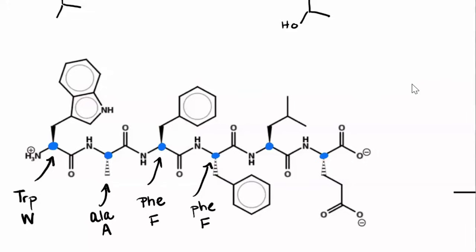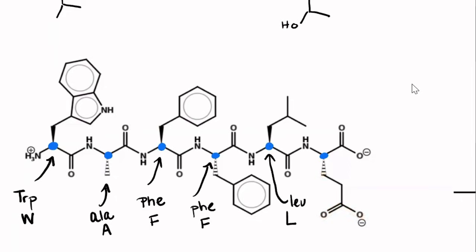Next amino acid right here is a CH2 connected to a CH and two CH3s. That is isobutyl. Isobutyl specifically is leucine. So the 3-letter code is LEU. Capital letter is L. And then lastly, I have a CH2, CH2, and a carboxylate.